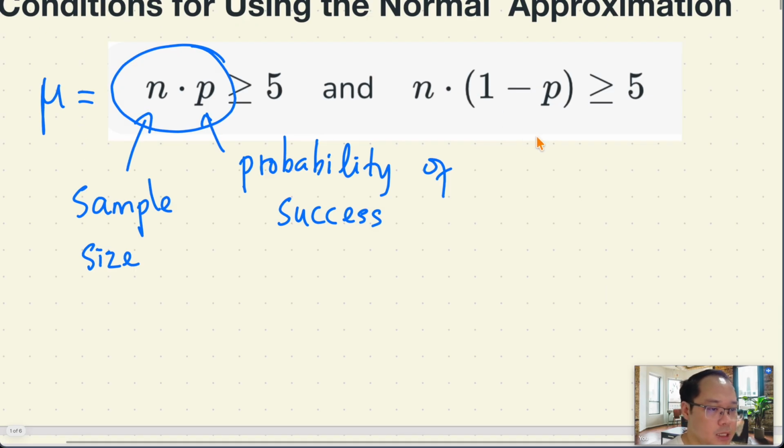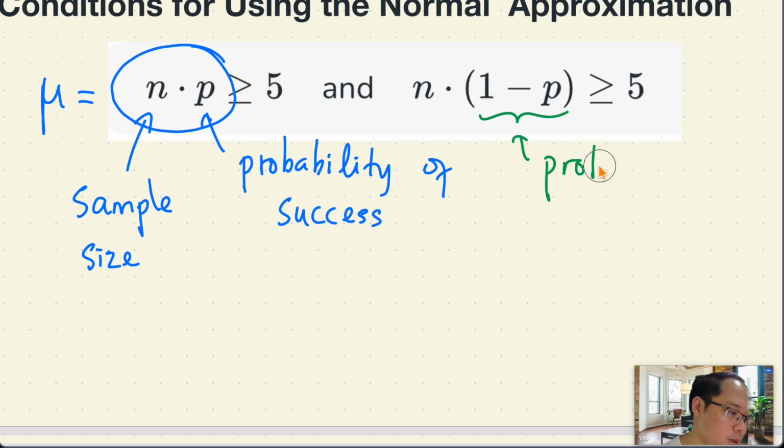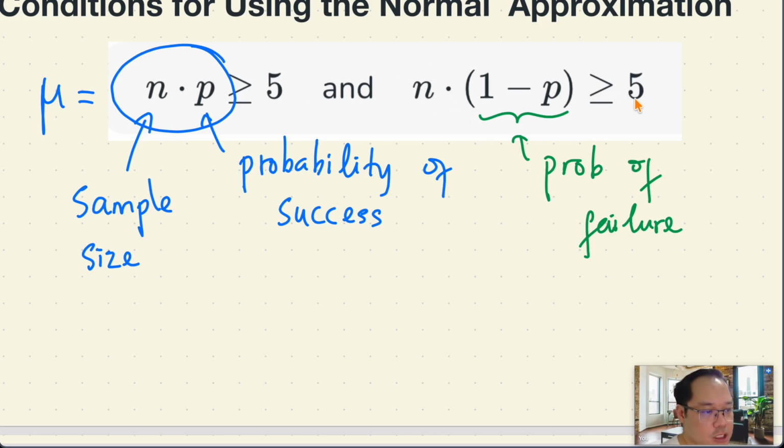And the second part is that n times (1 minus p), where 1 minus p is the probability of failure, which is 100% minus the probability of success, is also greater than 5. When these 2 conditions are satisfied, it is the third condition for using the normal approximation.